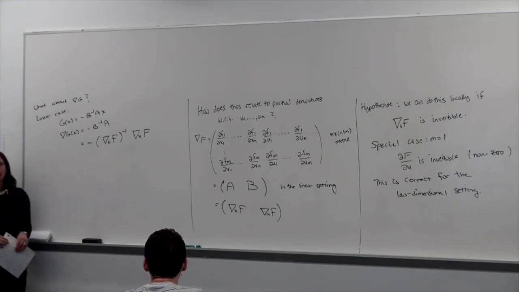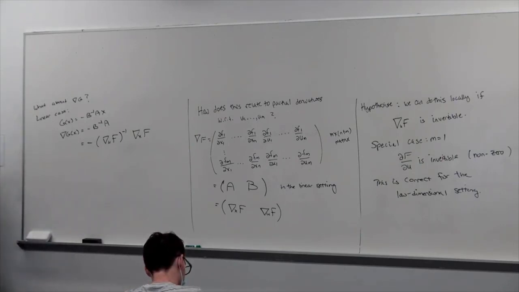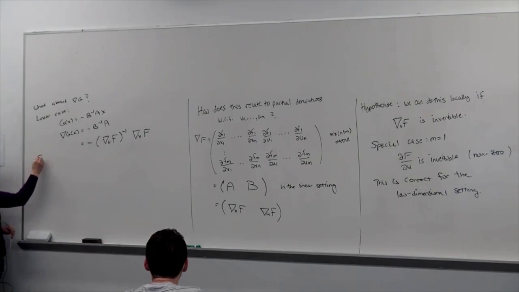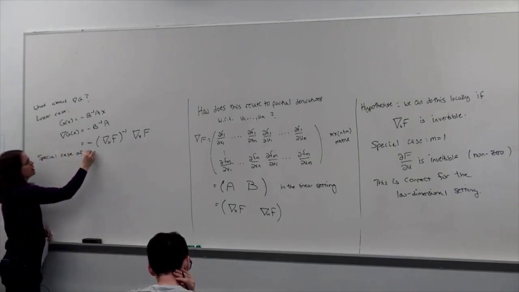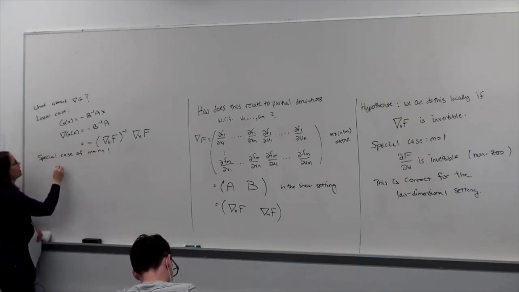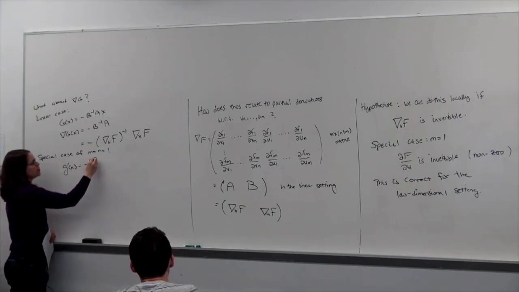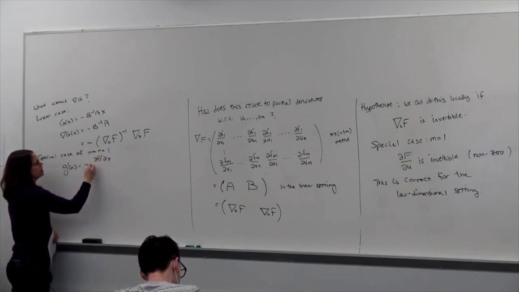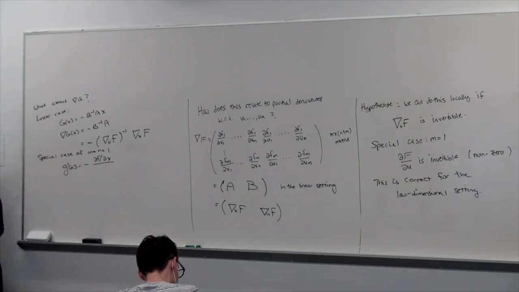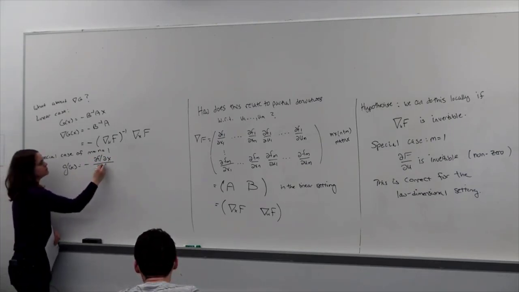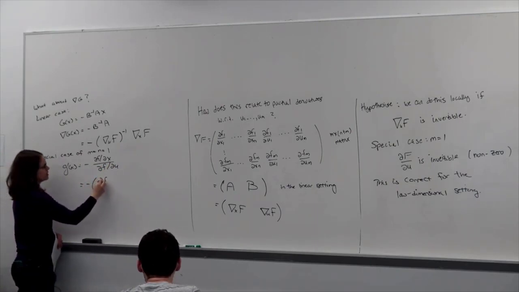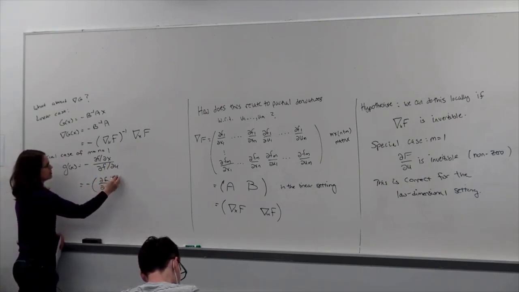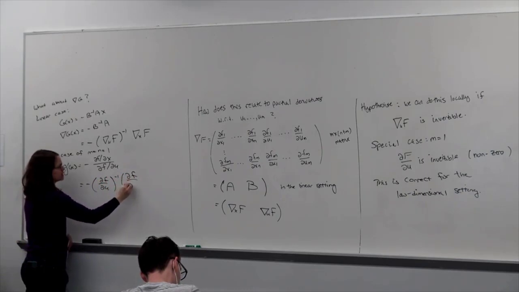And then again, we ask ourselves, what about the low dimensional case? Does this jive? Well, in the special case of m and n equal 1, we had that g prime was equal to minus the partial of f with respect to x divided by the partial of f with respect to u. Another way of writing that is the inverse of this times the partial of f with respect to x.